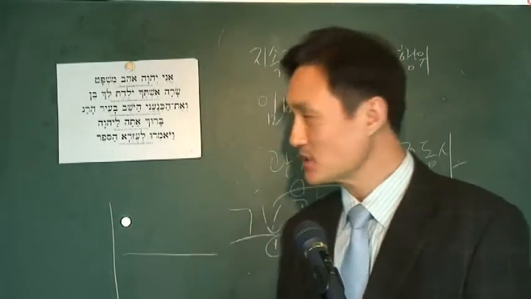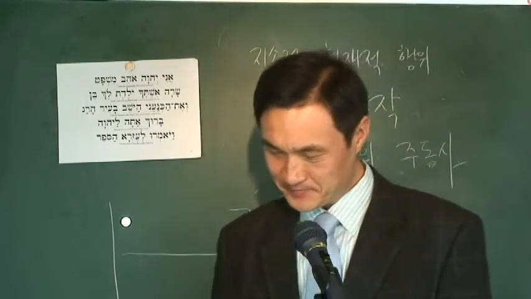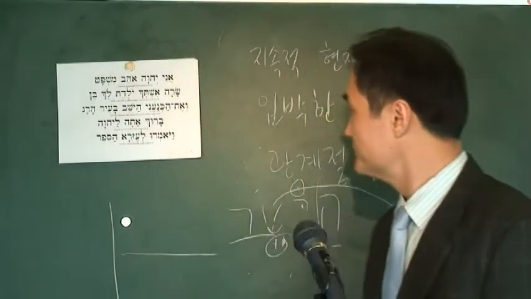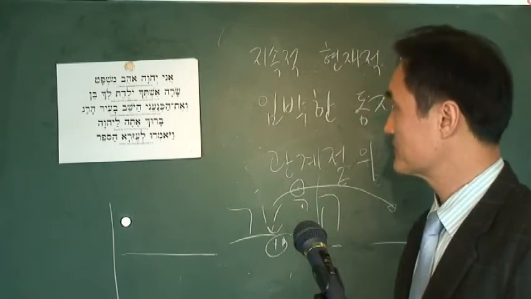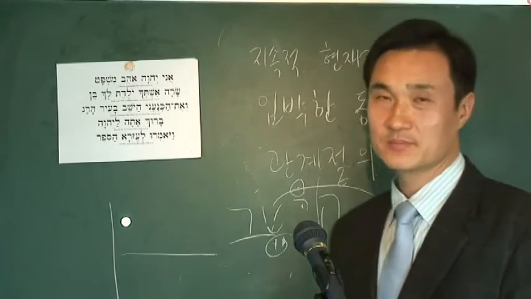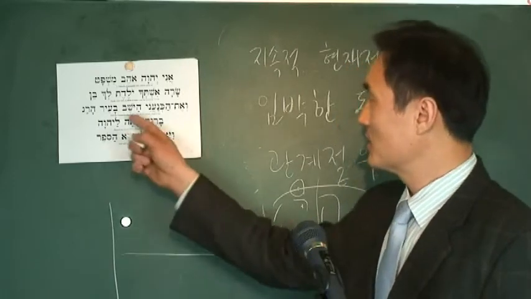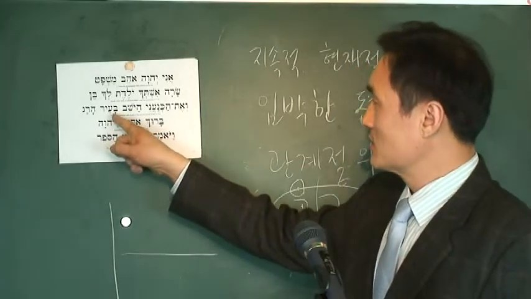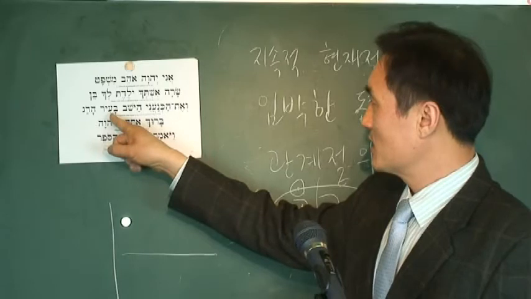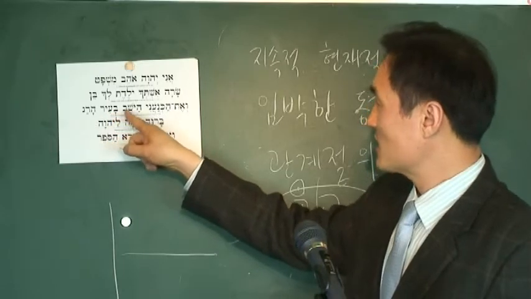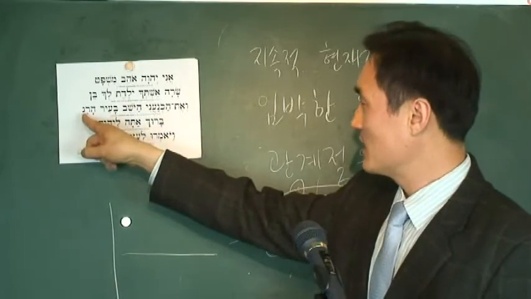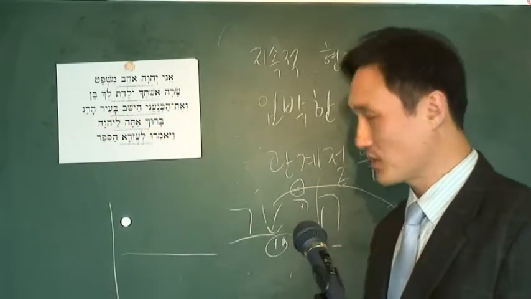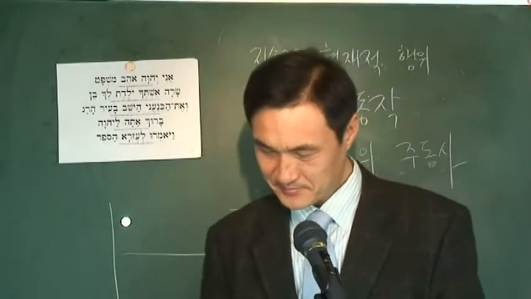Harag means to murder or to kill, and it is the third person masculine singular of the kal verb. Therefore, it would be interpreted to be he killed the Canaanites who were living in the land.